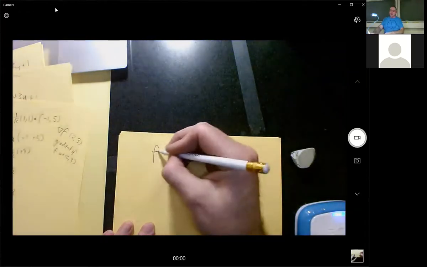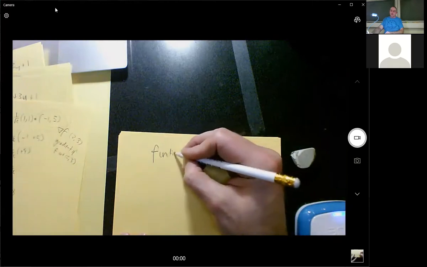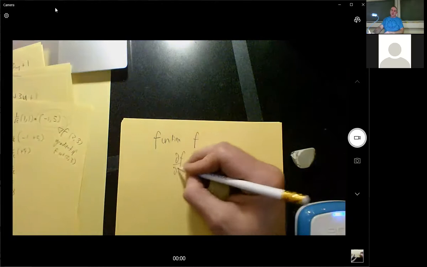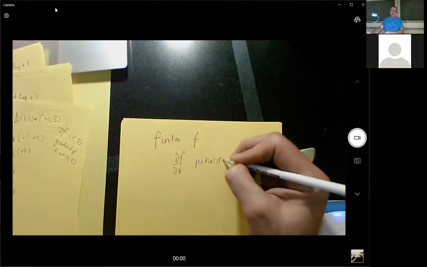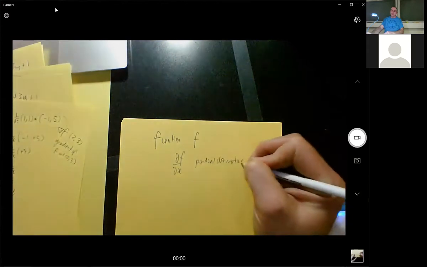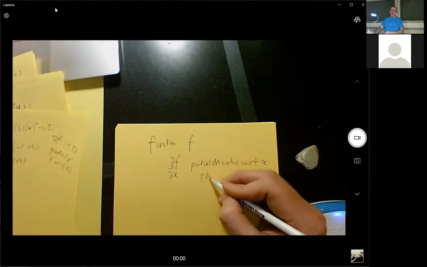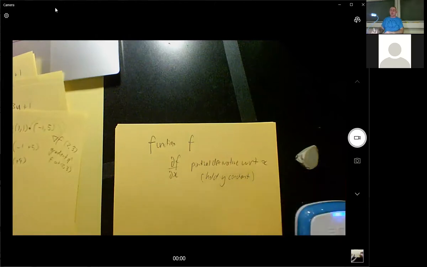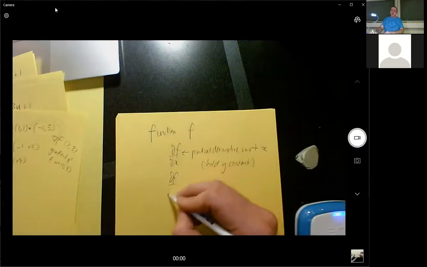We have a function, and we can do the partial derivative with respect to x. And that means that you hold y as a constant and do the derivatives the way you expect it to. And we have df on dy.